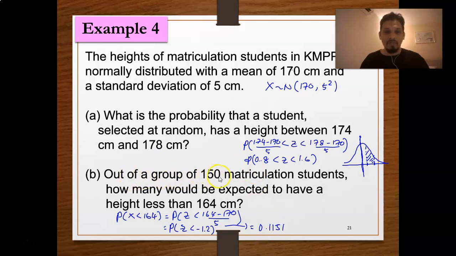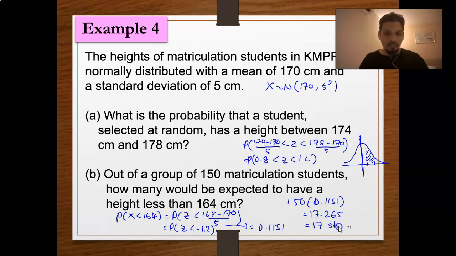Back to the question: out of 150 matriculation students, how many would be expected to have a height less than 164? To answer this, it is 150 multiplied by 0.1151, which is equal to 17.265, or we round it to 17.